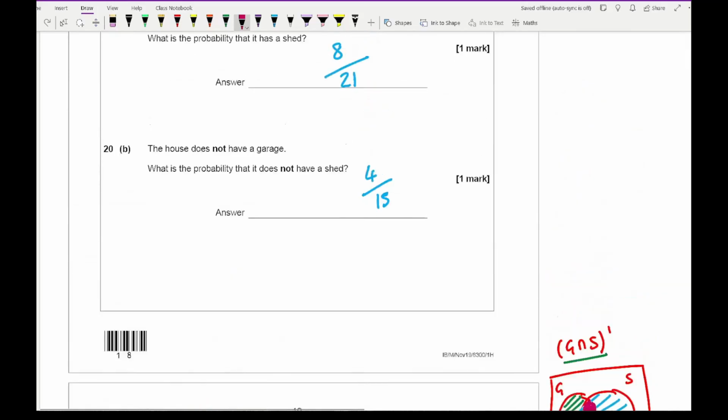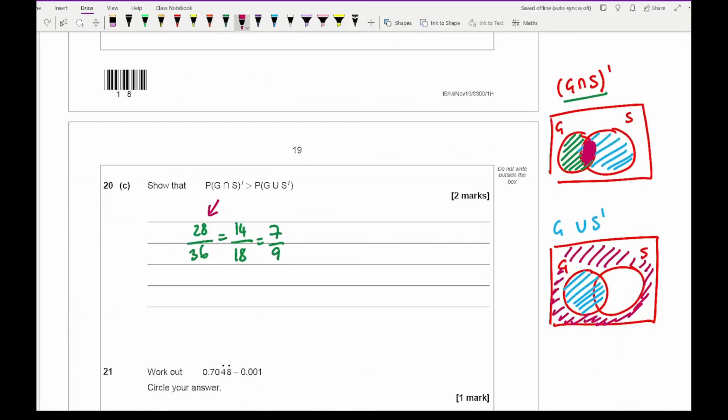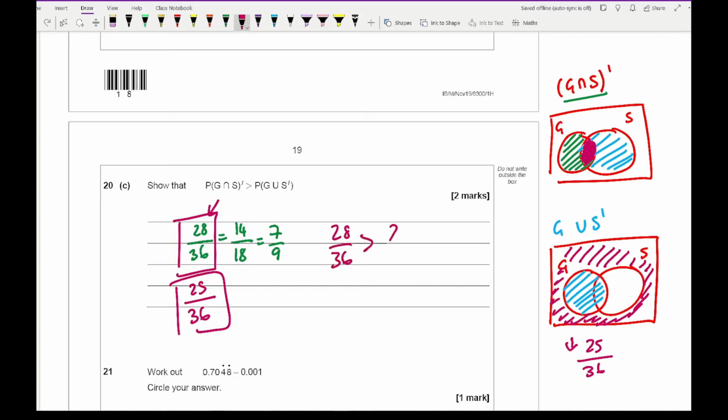So it's everything apart from the 11, so the probability is going to be 36 take away 11, which is 25 over 36. I've got 25 over 36, and again just comparing these two rather than simplifying, I can see that 28 over 36 is greater than 25 over 36, and that would be enough for the 2 marks.